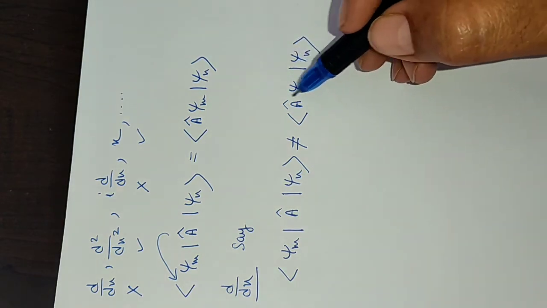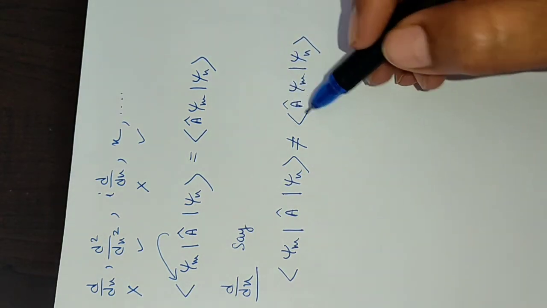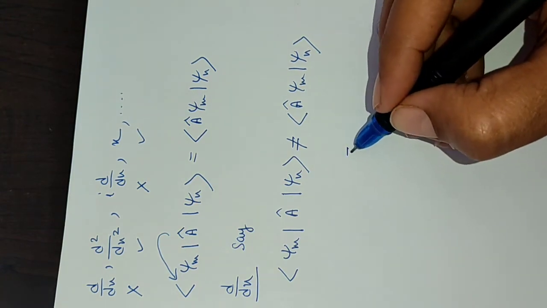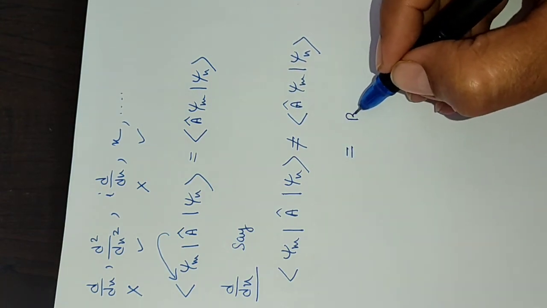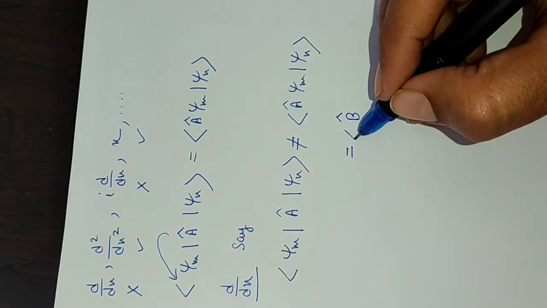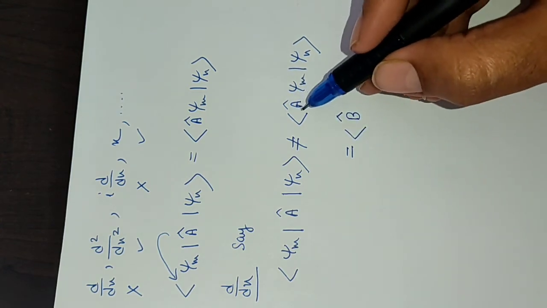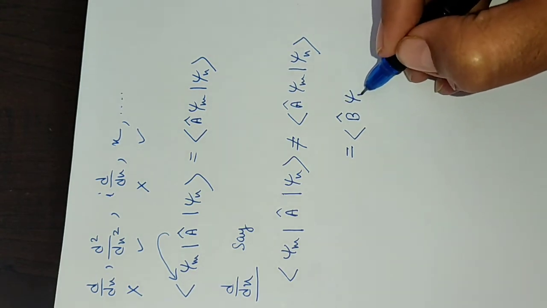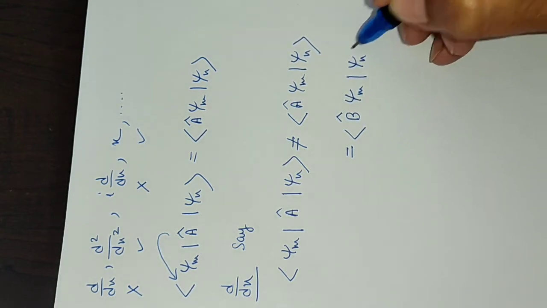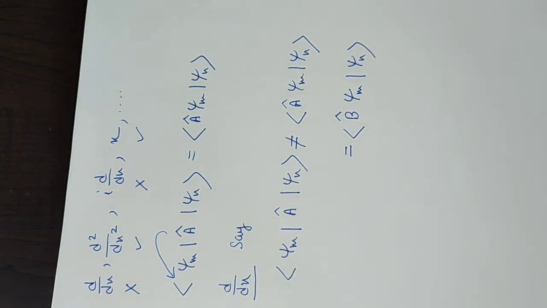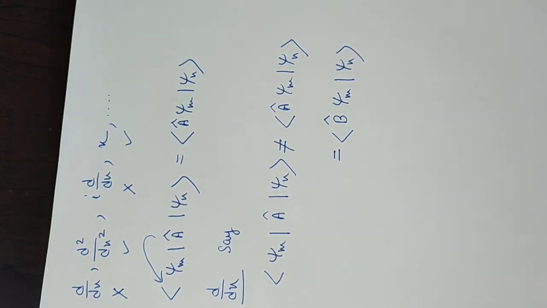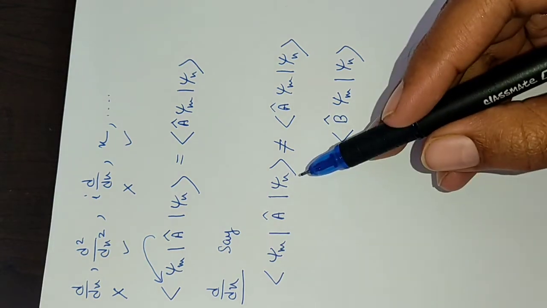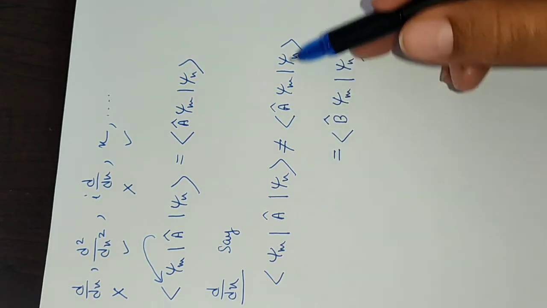Now, that operator which differs from A, let us consider that expression which is coming instead of A to be B. Then we can write this new operator in this form. So for a non-Hermitian operator, ⟨ψm|A ψn⟩ is not coming equal to this one.